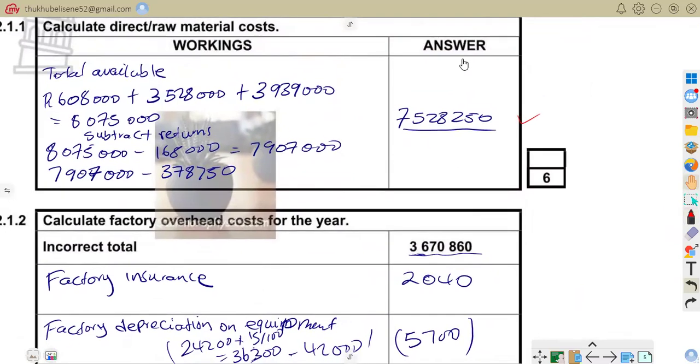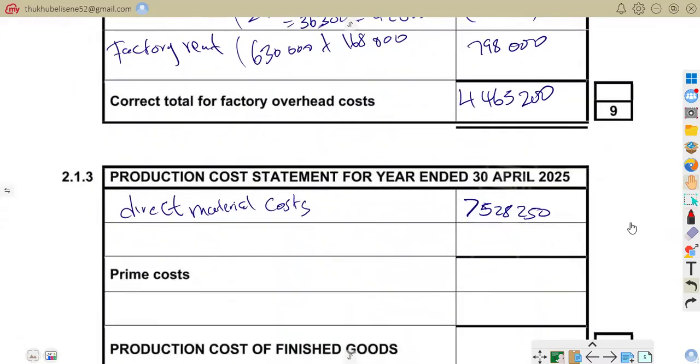So now we are to calculate what? Direct labor cost, sorry. So that is just a mistake, I said direct material costs.